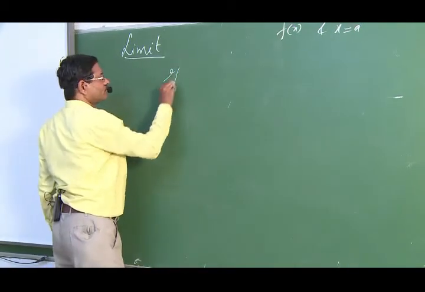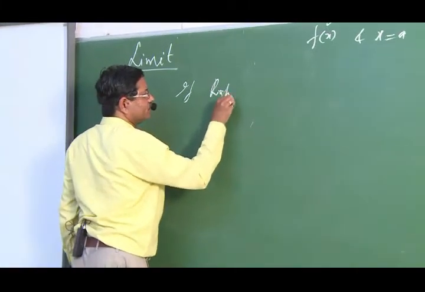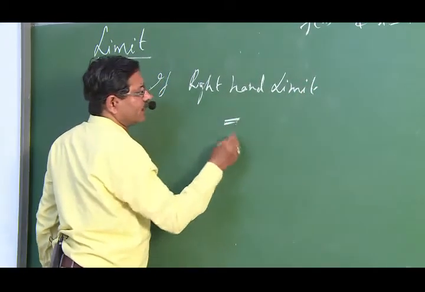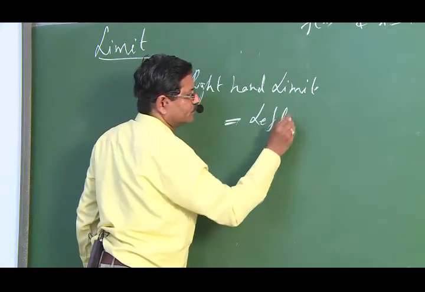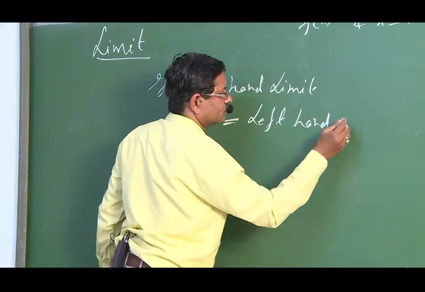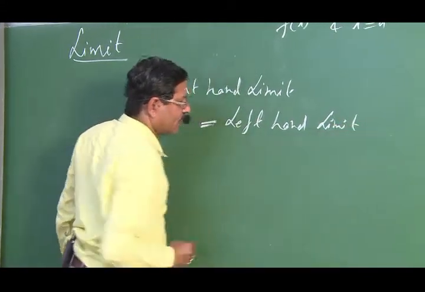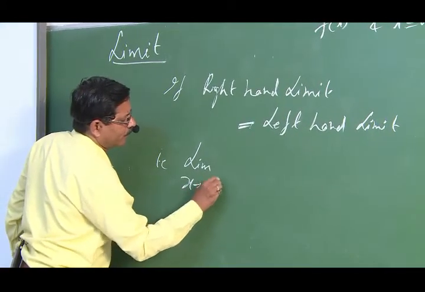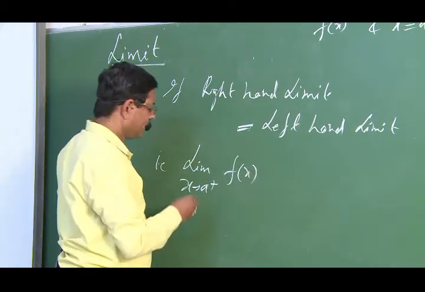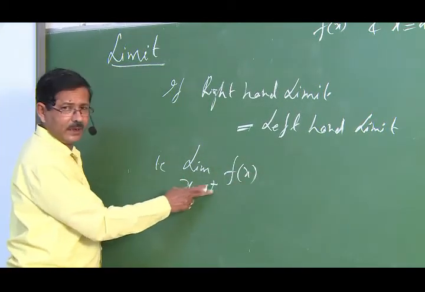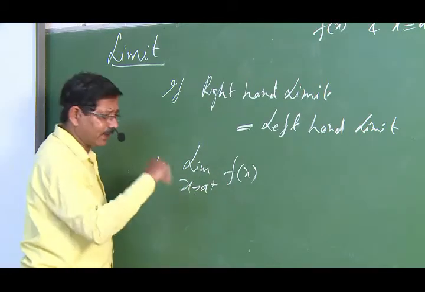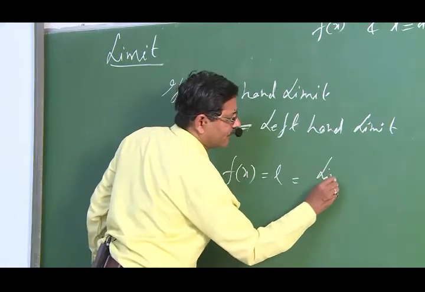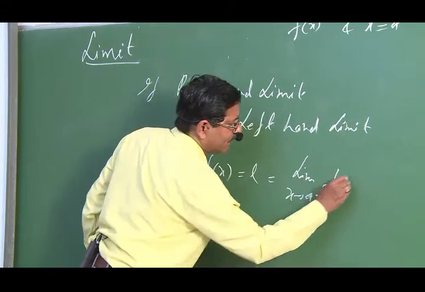If right hand limit is equal to left hand limit, that is limit x tending to a plus f(x) is finite and real, let us suppose this is equal to L, which is also equal to the left hand limit x tending to a minus f(x).